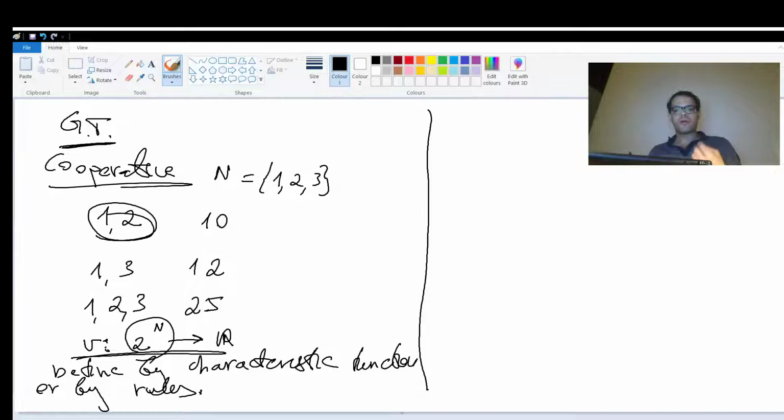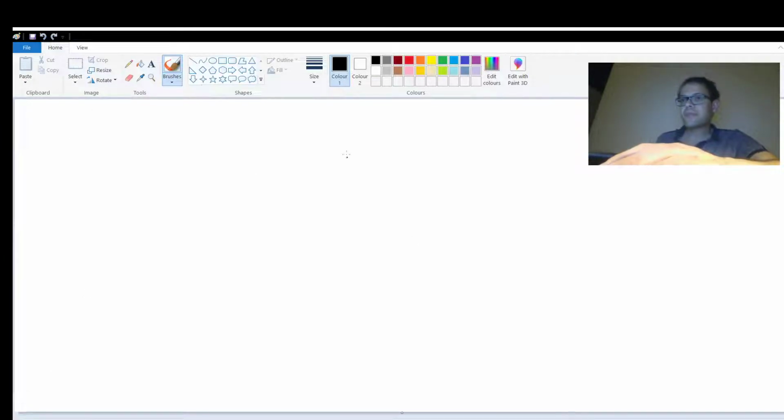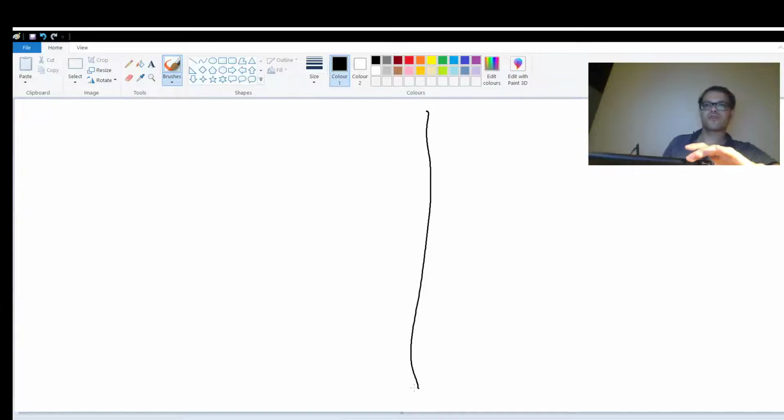Now, cooperative games also differ by how they actually are, not only by how you choose to model them. For example, we can have cooperative games with transferable utility or without transferable utility. So what does it mean?